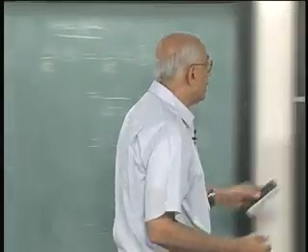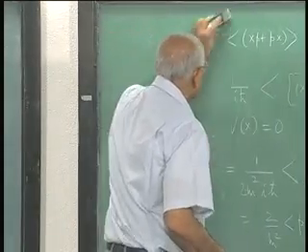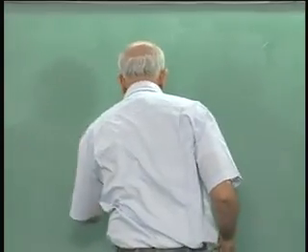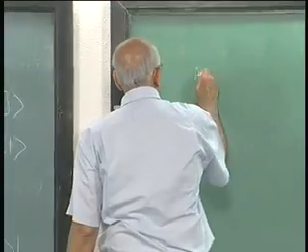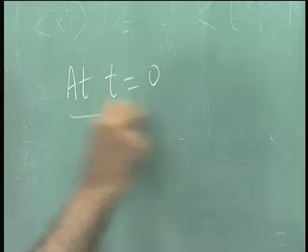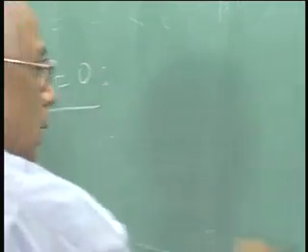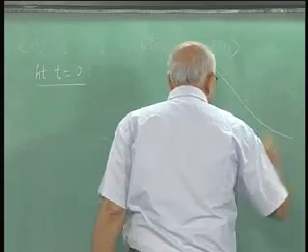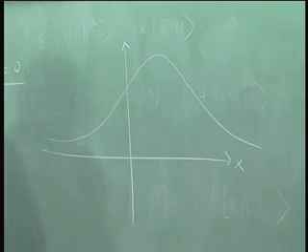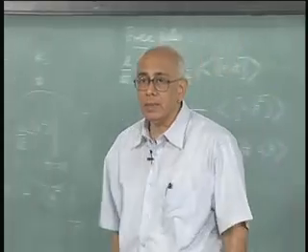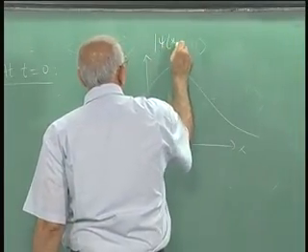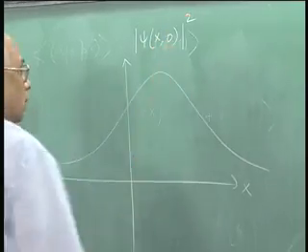And you will see immediately that I start off with a wave packet at t equal to 0. Suppose along the x you had a wave packet prepared like this. This was my mod psi squared, the initial probability density. So mod psi of x0 whole squared looked like this.